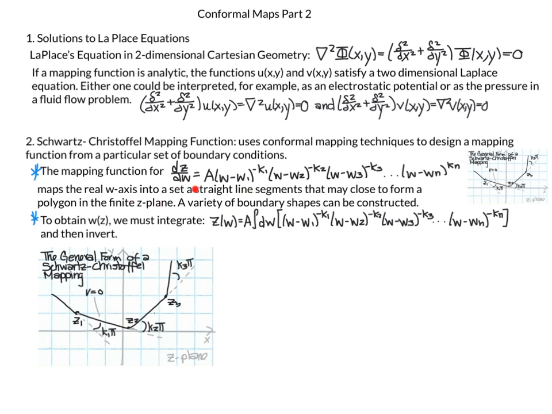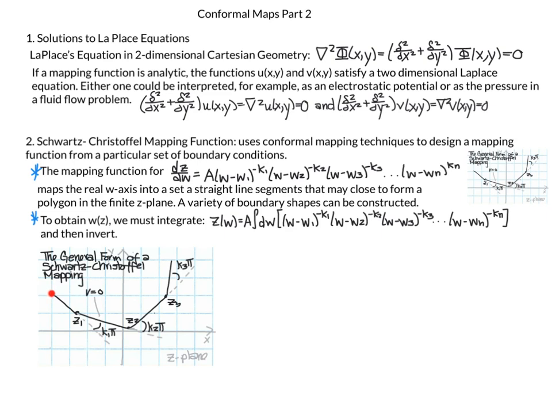Because we can take a bunch of straight line segments and group them together, a variety of boundary shapes can be constructed. To obtain w, we must integrate this dw dz, and then the function we get here, we must invert. The inverse of z of w will give us w of z. This is what the general form of the Schwartz-Christoffel method gives us.